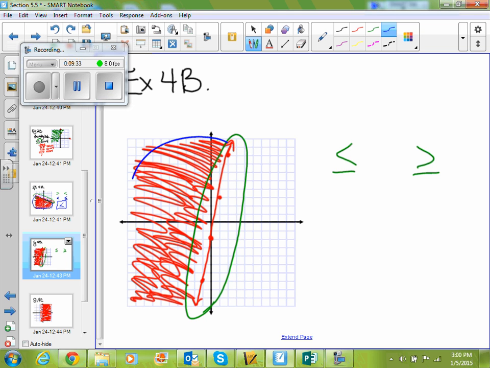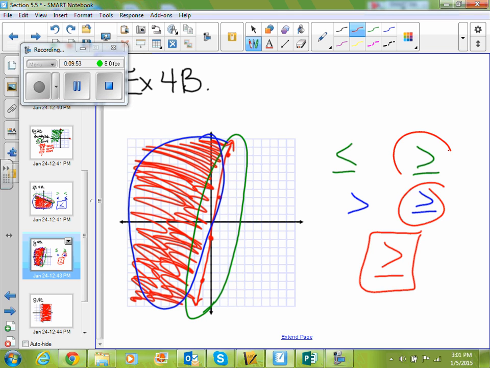Then if I look at my shading, am I shading above or below? Above, okay, and above tells me what type of symbols am I using. Greater than or equal to. So what symbol matches both then? Greater than or equal to, right? That's the only symbol that's in both sets. So that's the one it has to be.